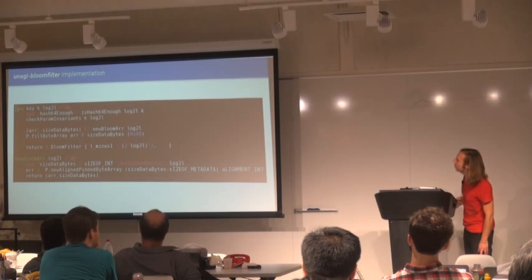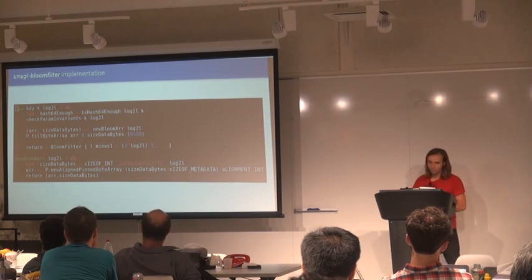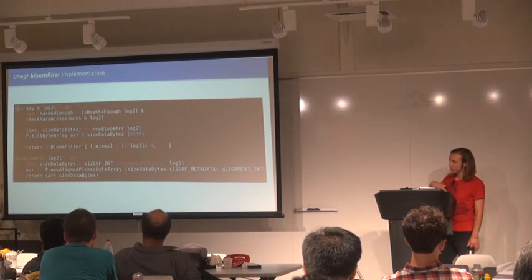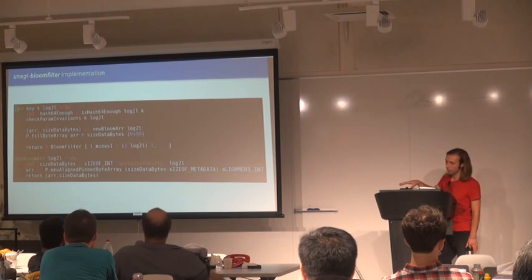All right. So this is creating a new Bloom filter. We give it the key, the number of bits within a word, and the size that we want.